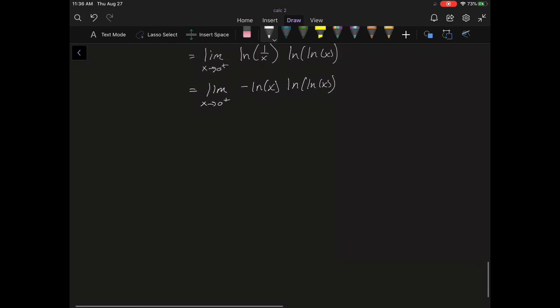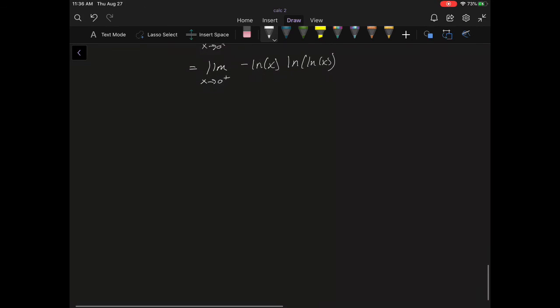And then we have the log of x as we approach 0 from the right. So it's going to be another infinity. And we have infinity times infinity, which is infinity. And we went from an indeterminate form to an infinite limit, which is okay.